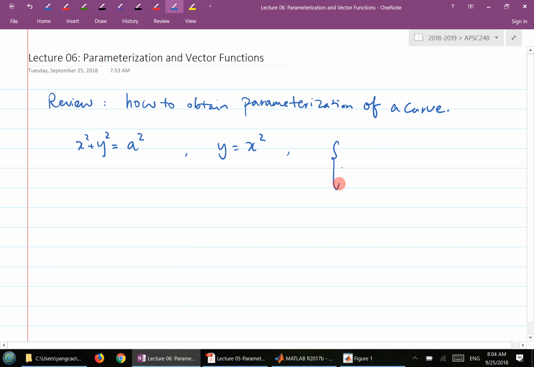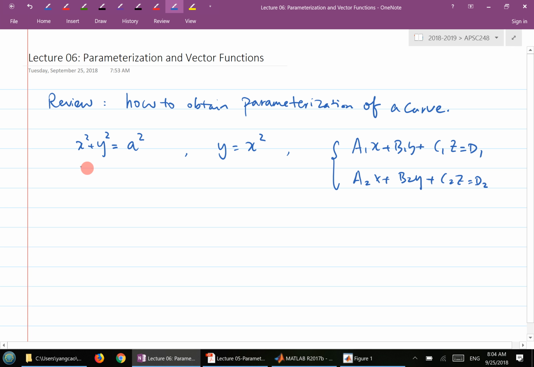Or you could have two planes together, a1x plus b1y plus c1z equal to d1, and two planes together give you a line. Right? Because now the idea is we want to obtain a different type of representation, which is what we call the parametric representation, or here we say just parameterize these equations into a set of parametric equations.